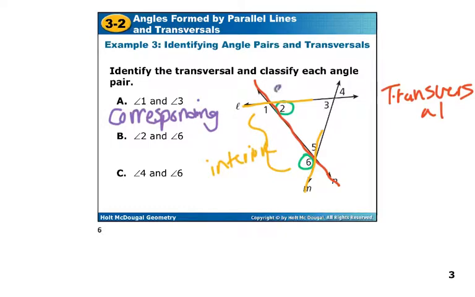Out here is your exterior. And so notice that both of these are on the interior, and then we just need to identify, are they on the same side of the transversal? Nope. Are they on opposite sides or alternate sides? Yes. So in that case, we're going to go with alternate interior angles.